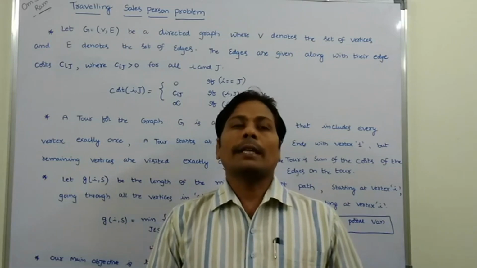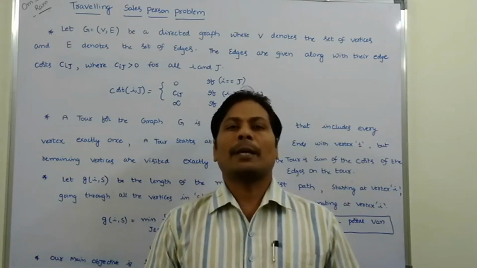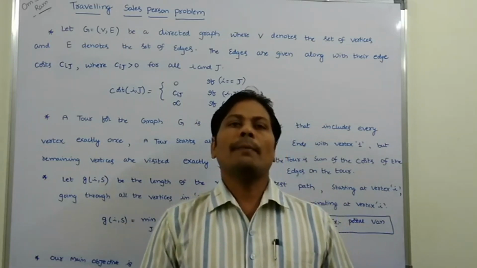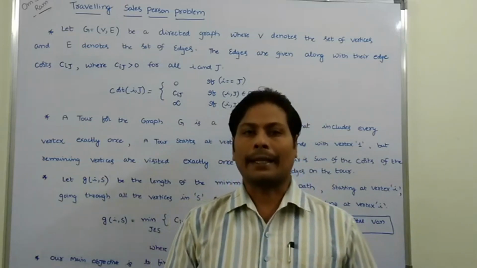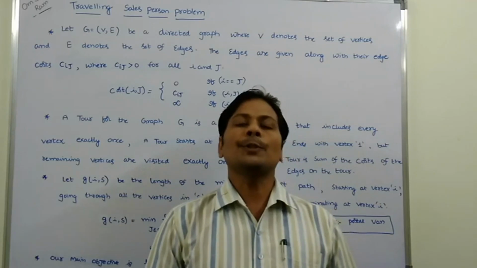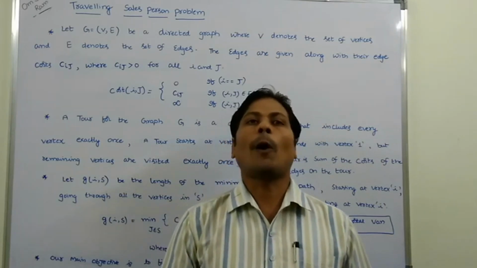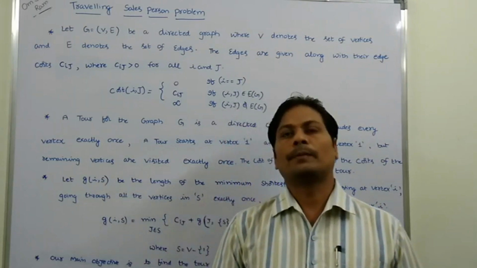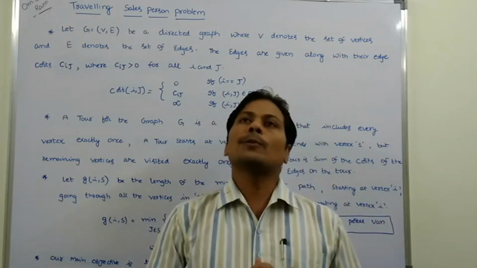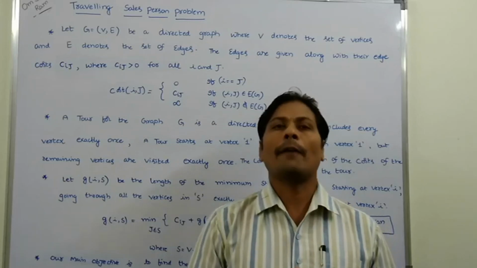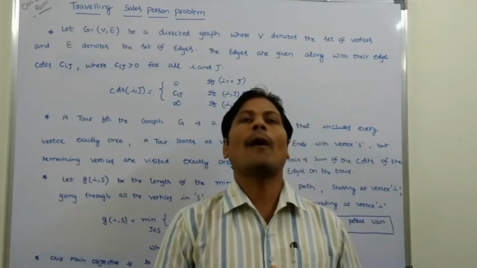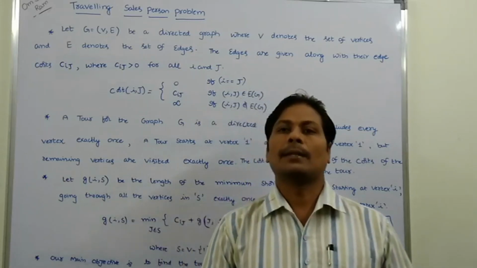First, what is the purpose of dynamic programming? Dynamic programming is one of the algorithm design techniques. It is useful for finding the optimal solution. It is also used for solving optimization problems that have a maximum result or minimum result.